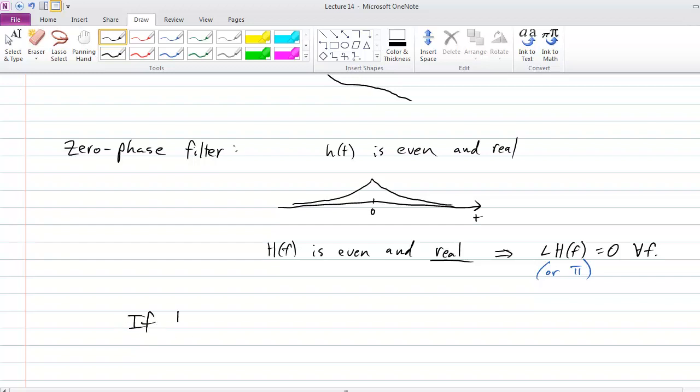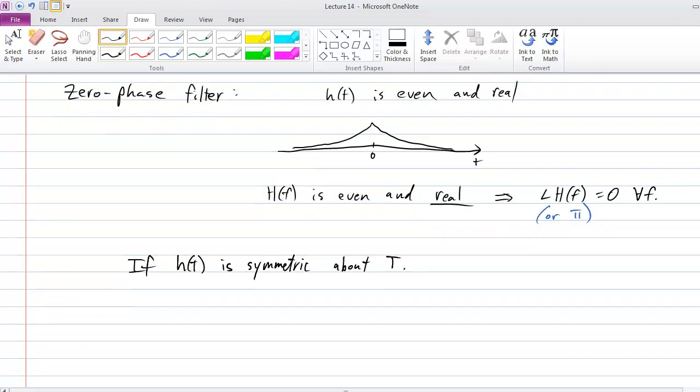Now, what if we have a symmetric filter, if h of t is symmetric about capital T? All right. Now we can understand the phase, because that means that h of t plus capital T is even.